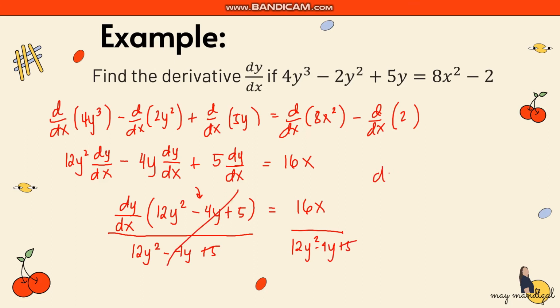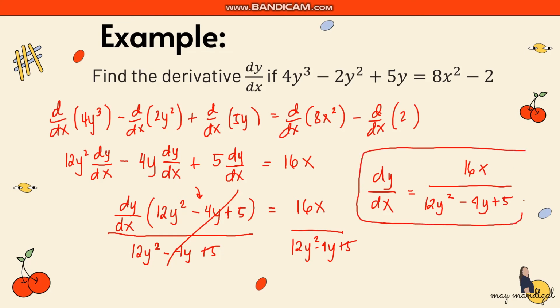Therefore, our final answer, dy over dx, is equal to 16x over 12y squared minus 4y plus 5. And that's it. That is now our final answer. It looks weird, yes, but just trust your solution. Okay, this one is correct. If you can still simplify some of the terms here, then do it. But if not, then just leave it like that.